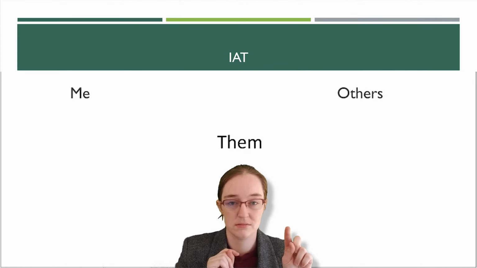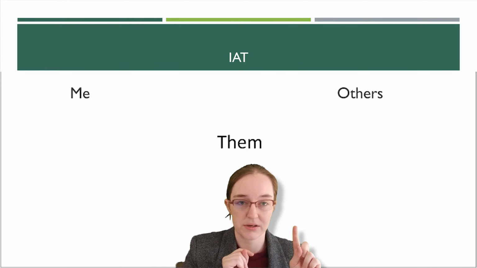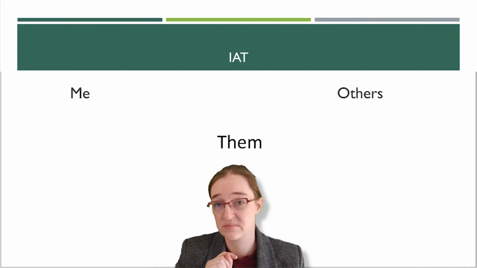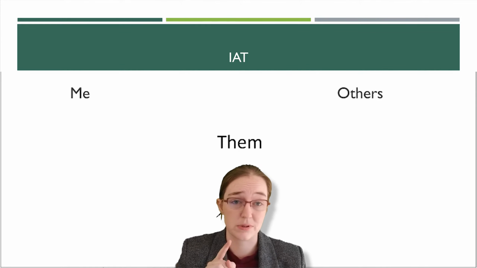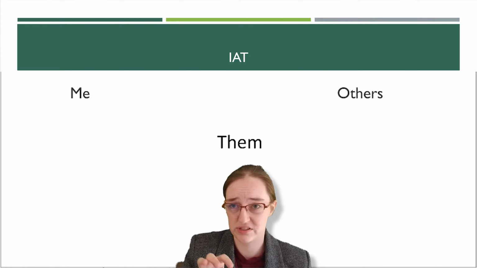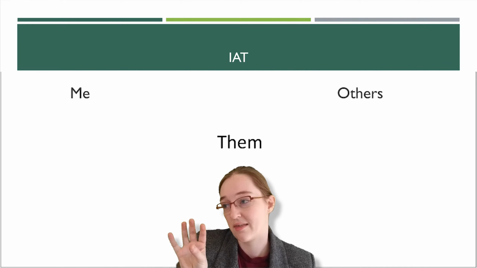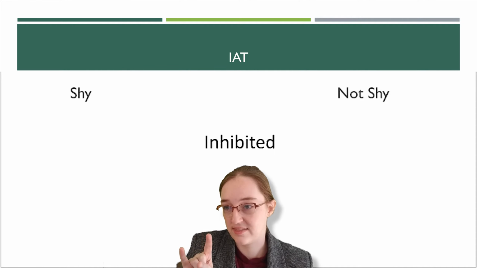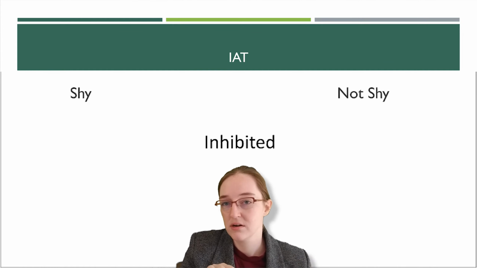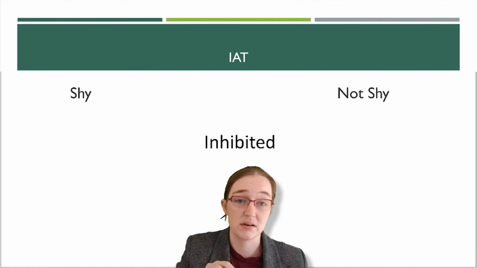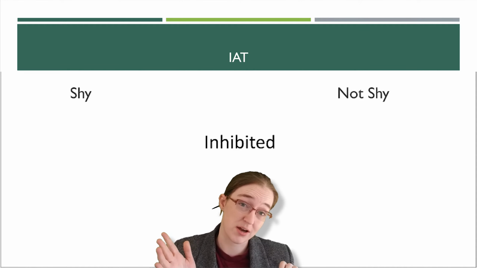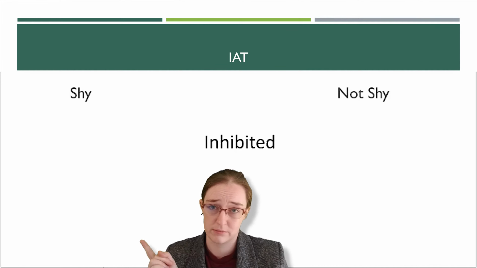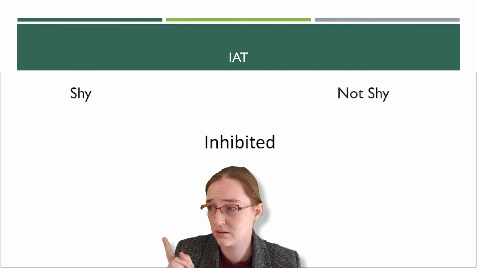So you would press the D button on your keyboard, be like other. And so you do this with multiple things simultaneously. So the first one is "them." So you're sorting me versus other, and then some trait or behavior. And so "inhibited," does that fall under shy or not shy? And so you put it under shy, I think.